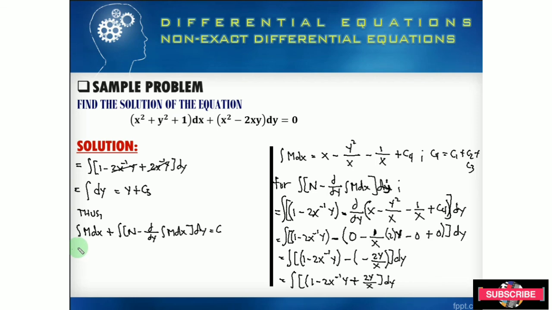The integral of m dx is simply equal to x minus y squared over x minus 1 over x plus c4, plus the integral of this term here, which is just y. We enclose this with a bracket to separate the terms. So the second term is y plus c5, equal to c.